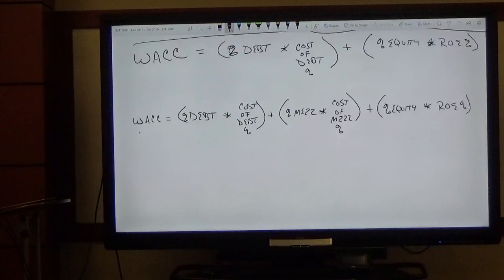Does that make sense? So that's all we did right above, okay? We just basically apply that same sort of formula, all right?